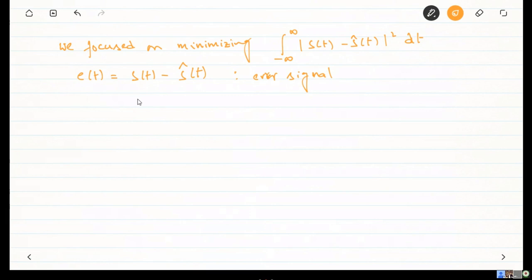This is the error signal, and s of t minus s hat of t whole square is the squared error, and we try to find the energy in this signal.